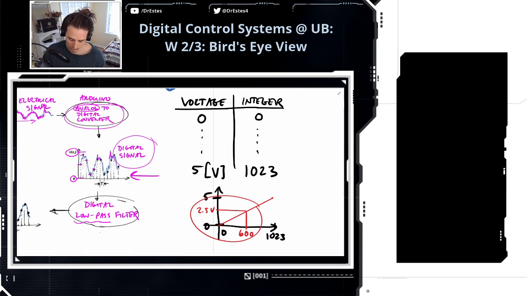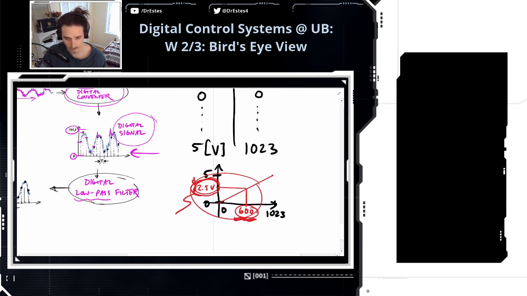Calibration is the conversion of some quantity into another, when we're talking about sensors. So I could have a calibration equation that converts this integer to the actual voltage. And then you have a further calibration, because if you look up the data sheet for this sensor, I can't remember, I'm just going to make something up.